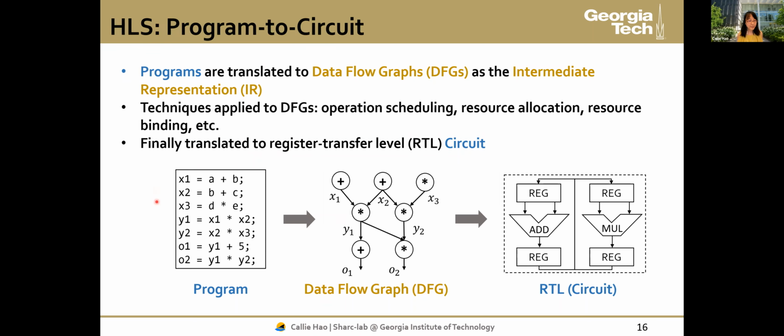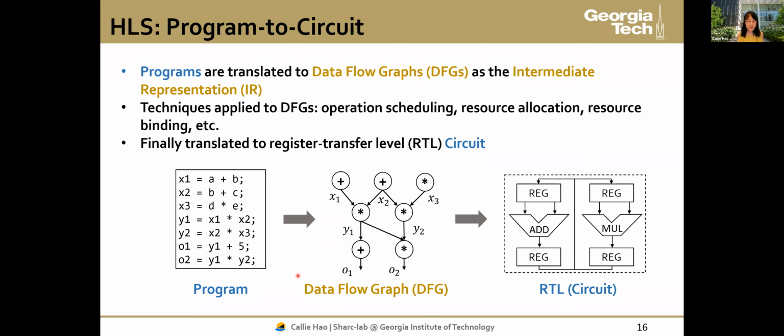For example, here we have a program written in this way, and these programs can be translated to a data flow graph like this. This is the data flow graph, DFG, the computation pattern. These can be regarded as the intermediate representation, or IR for short. And this IR is a very common term in compilers.